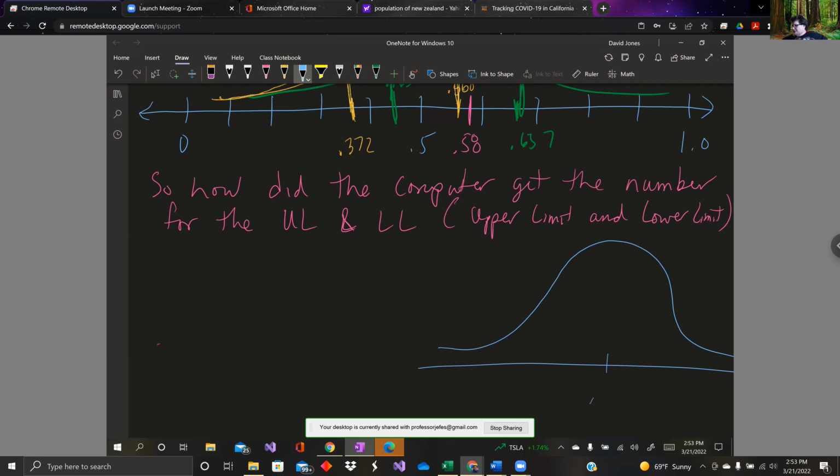If we have a normal distribution, that confidence interval percentage is tied to the area between the limits on a normal curve.